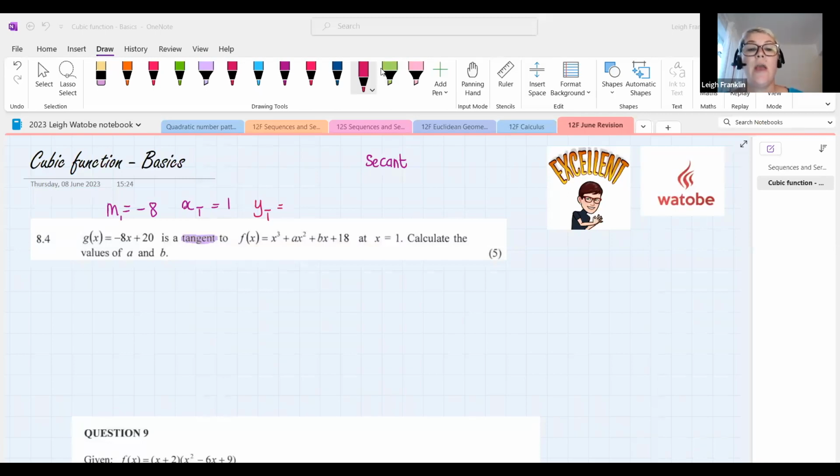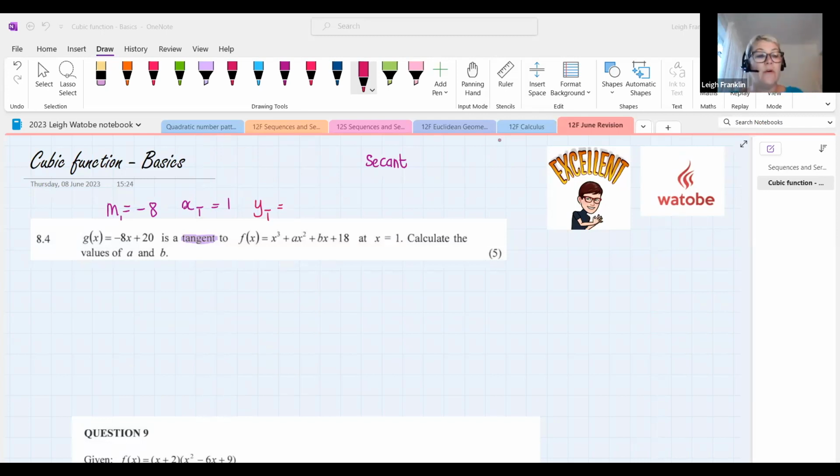Yes, we can. Okay, how, Rafense? How can we calculate the y coordinate at the point of tangency based on the information we've got? What can we do with it? There we go, Mamelo. We're going to sub x equals 1 into g of x.